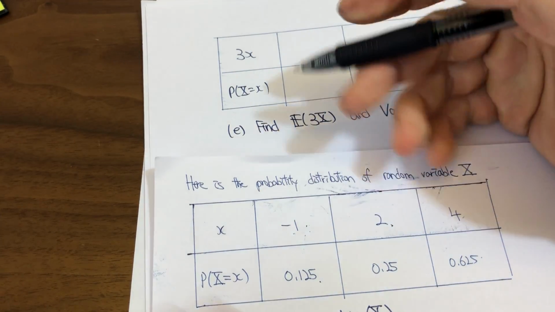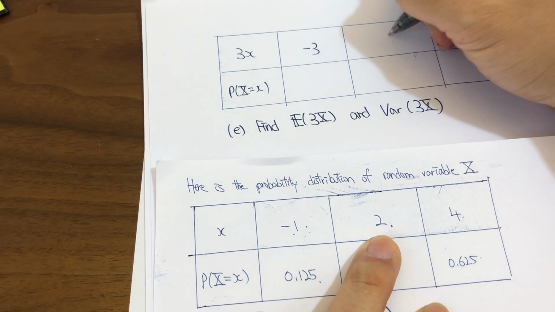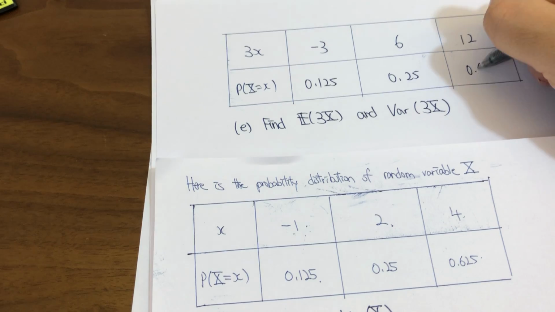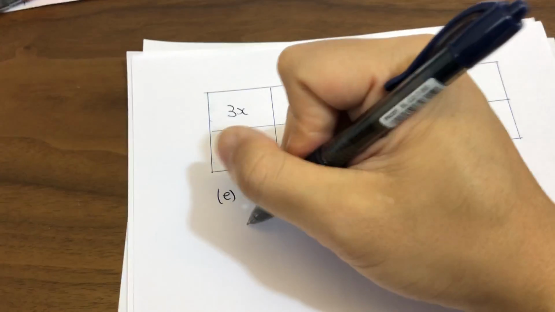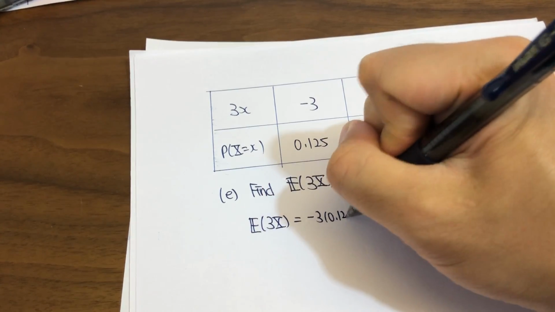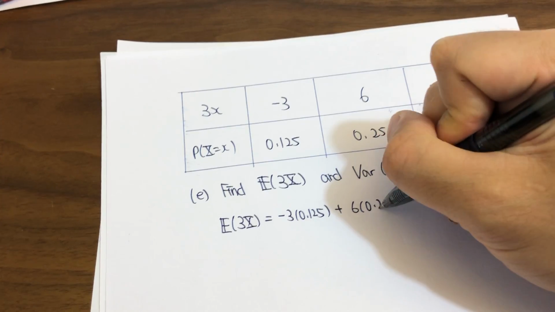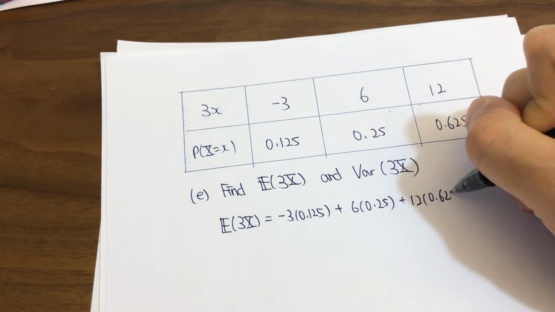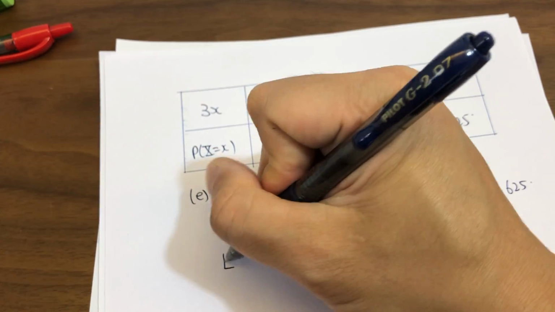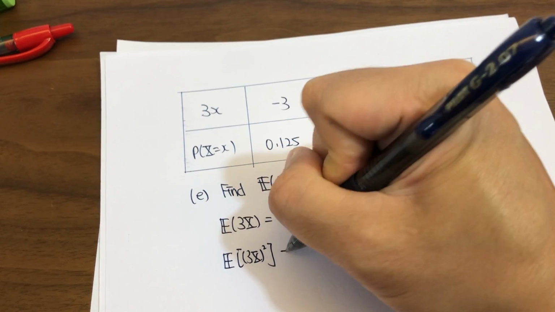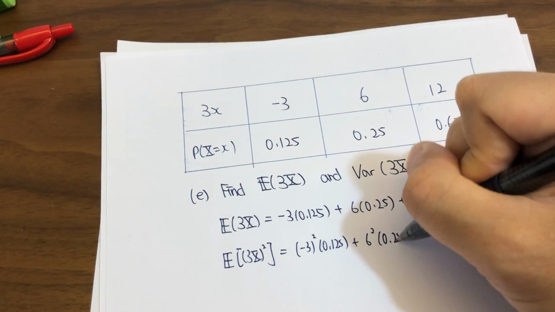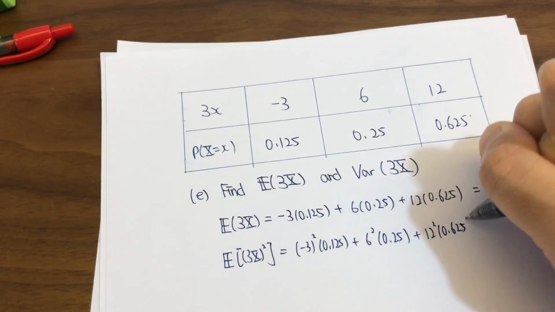When x is -1, 3x is -3, and then 3 times 2 becomes 6, 3 times 4 becomes 12, with the corresponding probabilities. So the expected value of 3x is -3 times 0.125, plus 6 times 0.25, plus 12 times 0.625, so that we have 8.625.